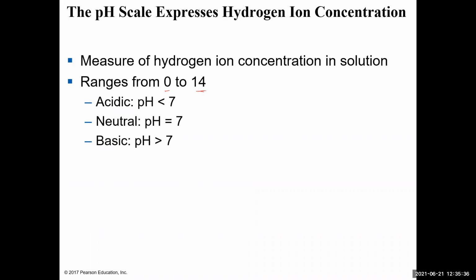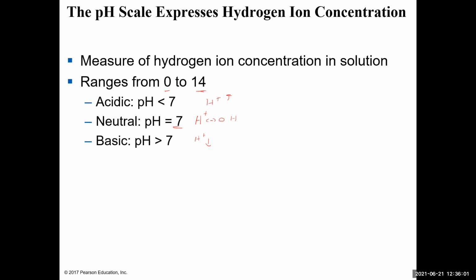That basically means that the hydrogen ion to OH ion concentration is equal. If it's acidic, then you have more hydrogen ions, and if it's basic, you have fewer. So a pH of 7 is neutral, so they're equal.